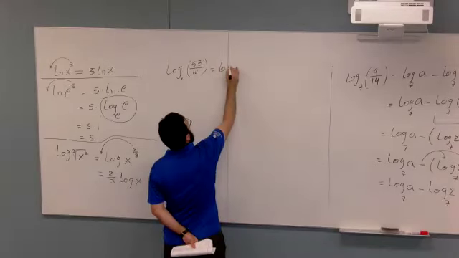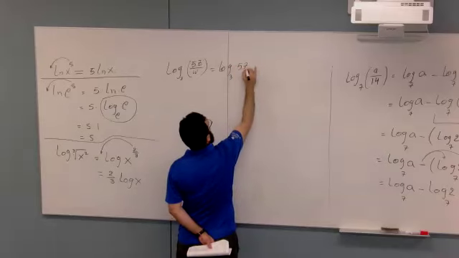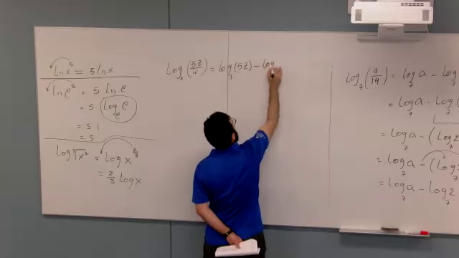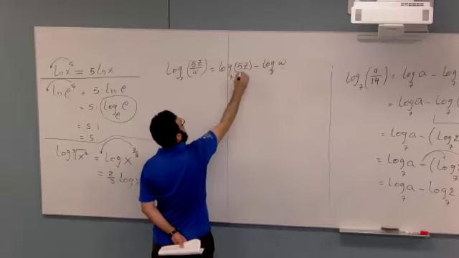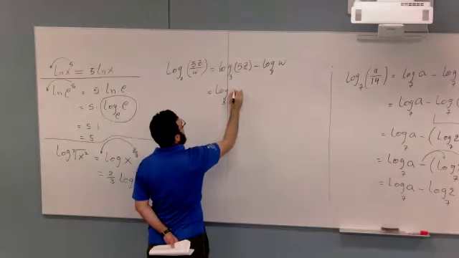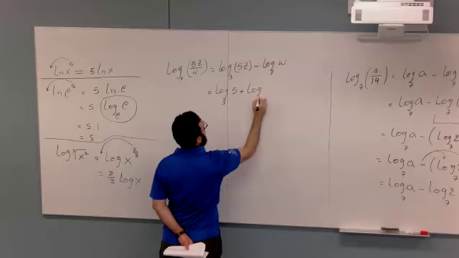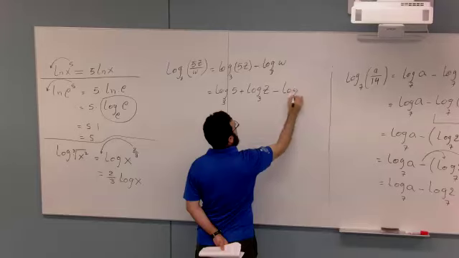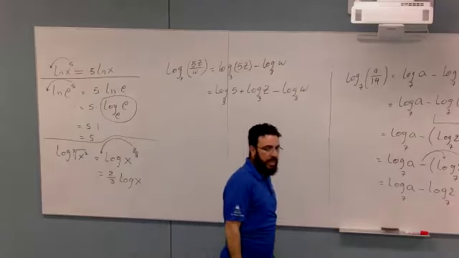So log to the base 3 of 5c, right? Minus what? Log base 3 of w. And this is multiplication. So it's going to be log to the base 3 of 5 plus what? Log of c minus log base 3 of w.